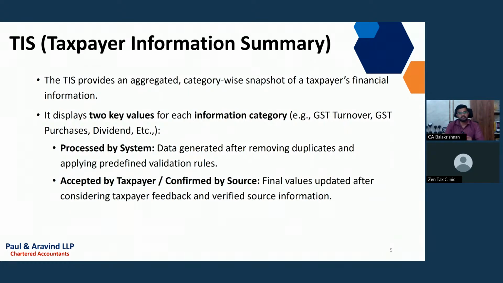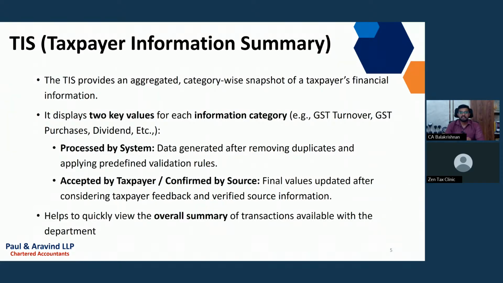If that information is based on the supplier's GSTR-1, then it again needs to be given as feedback. And final values are updated after considering the taxpayer's feedback in the AIS portal.